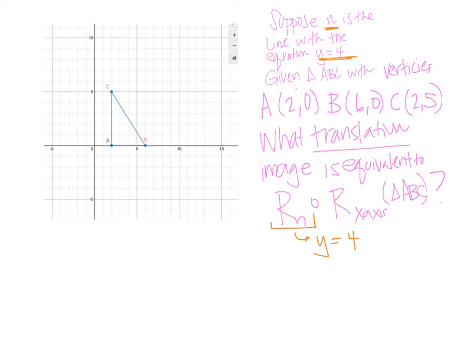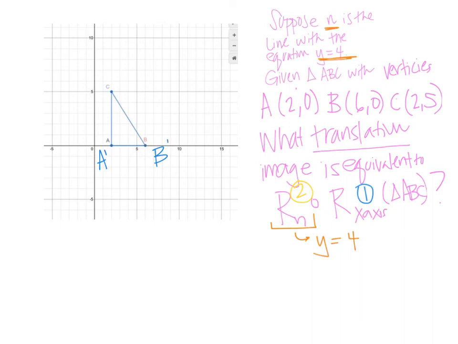Remember, we do this in kind of a backwards order. We do this one first, and then we do this one second. The first thing we're going to do is reflect this image on the x-axis. That's really easy to do, because A and B stay in the same exact position. So I just take A and make it A prime, and B becomes B prime.